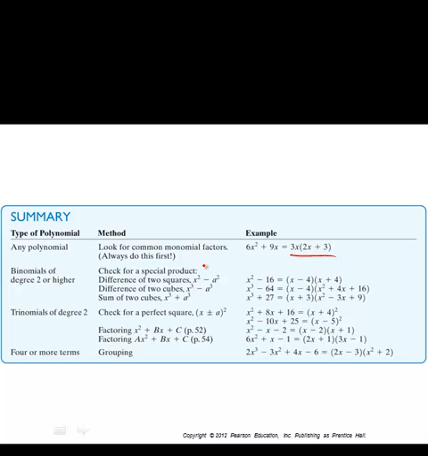Look for any special forms, difference of squares, difference of cubes, and so forth. Look for any perfect squares. Use the so-called AC method together or maybe separately with grouping. All right, now let's talk about another way that we can factor, and that's completing the square.